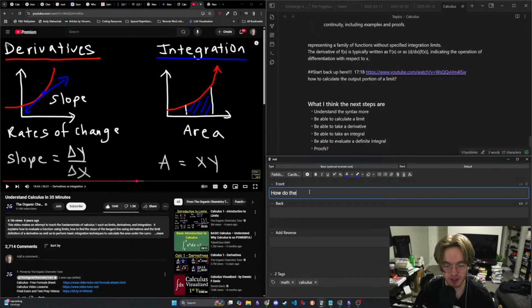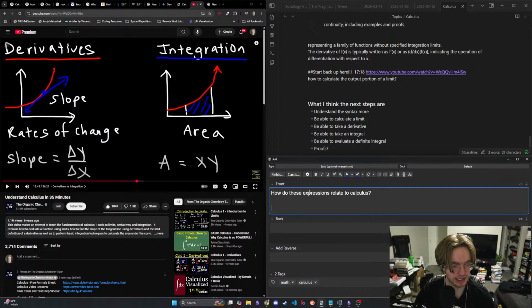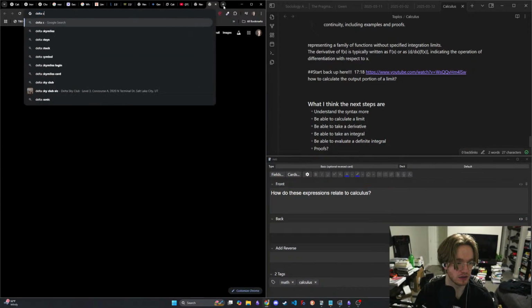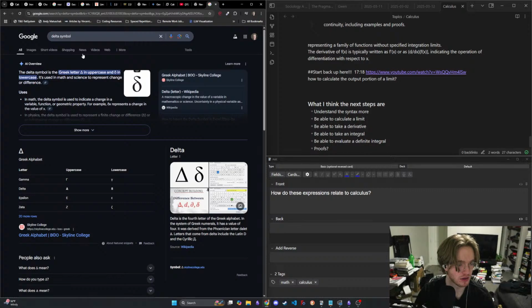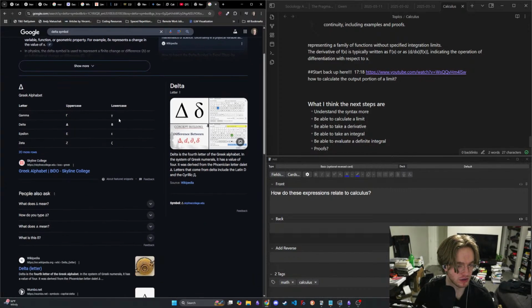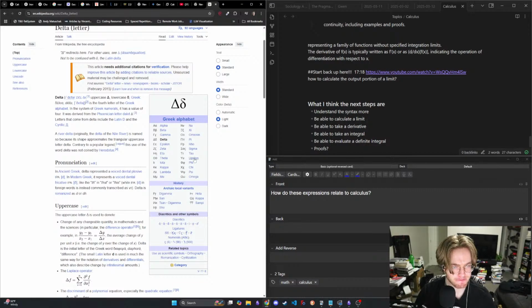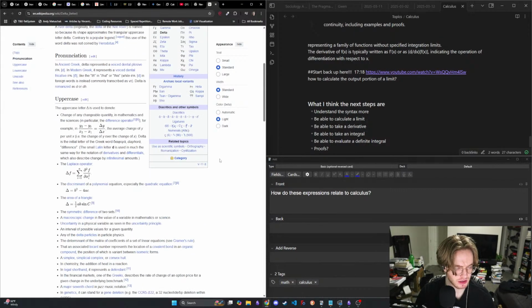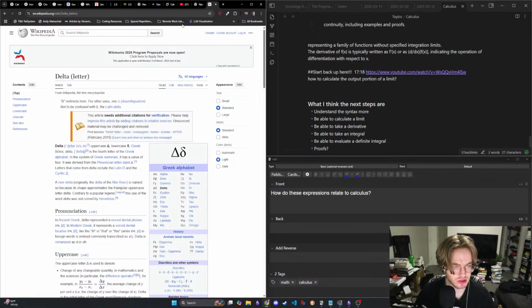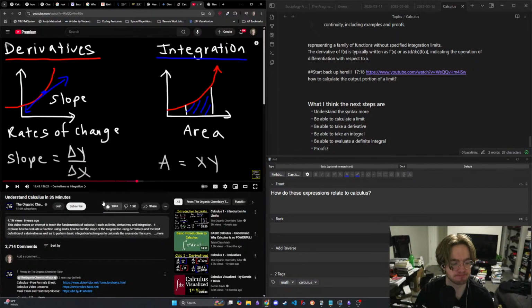How do these expressions relate to calculus? Maybe I'll just copy the delta symbol.